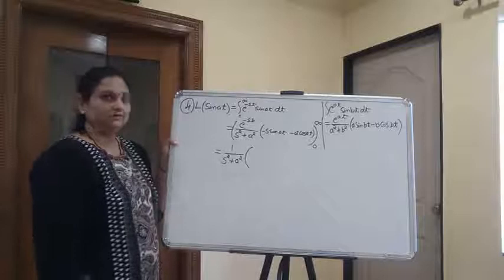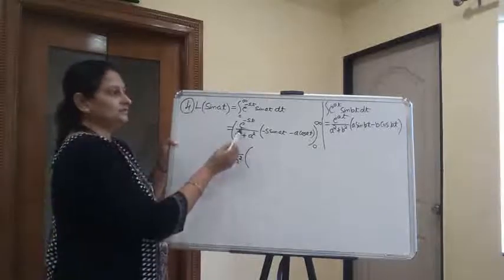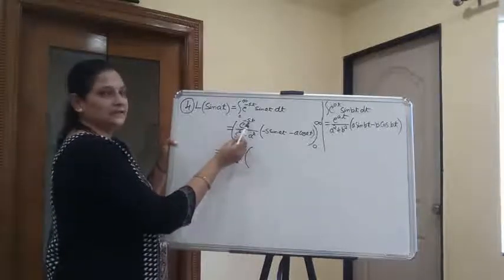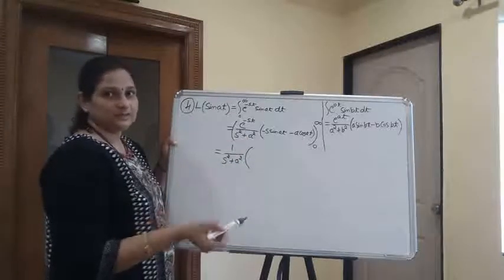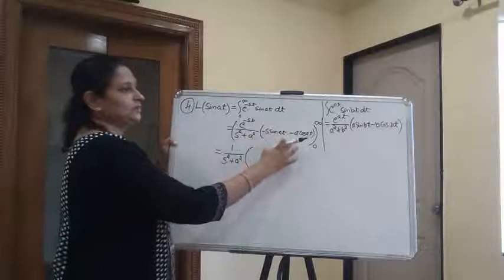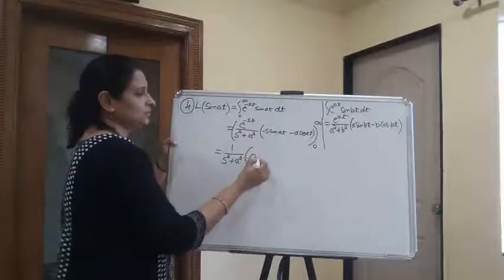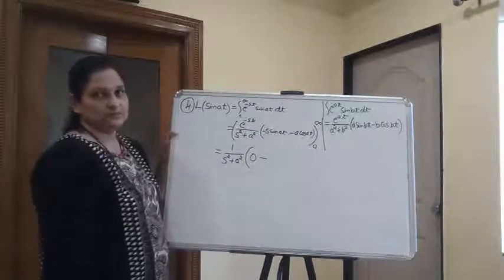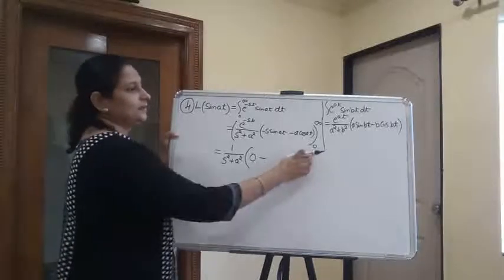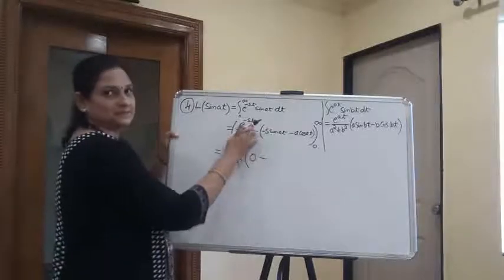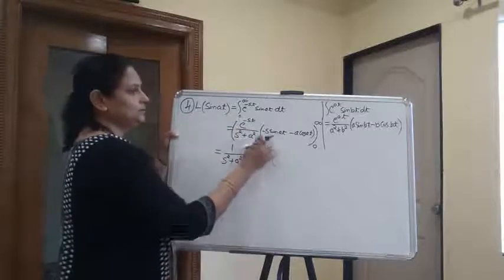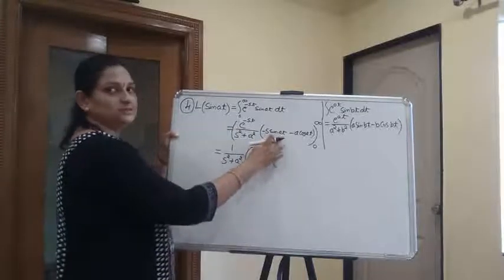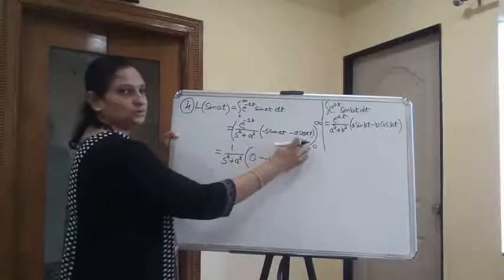Put t as infinity. When I put t as infinity, I get e power minus infinity, and the value of e power minus infinity is 0. So 0 into any term becomes 0. So the upper limit value becomes 0. Now minus, apply the lower limit. Put t as 0. So when t is 0, e power 0 is 1 into, put t as 0, sin 0 is 0, cos 0 is 1.